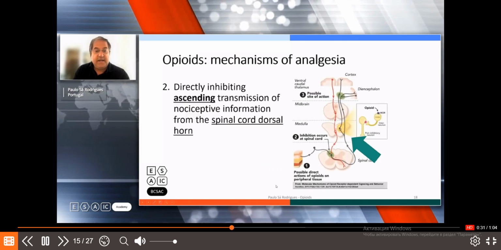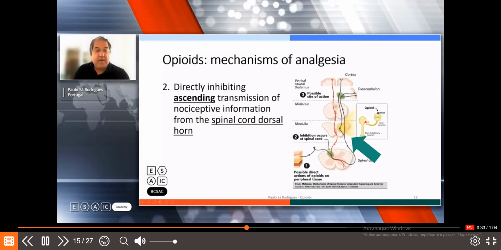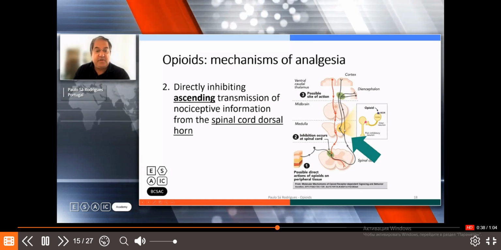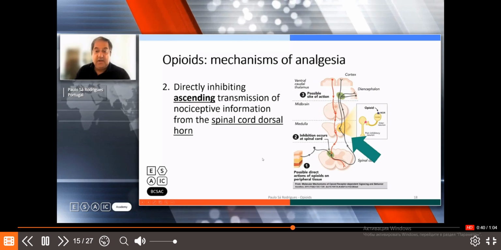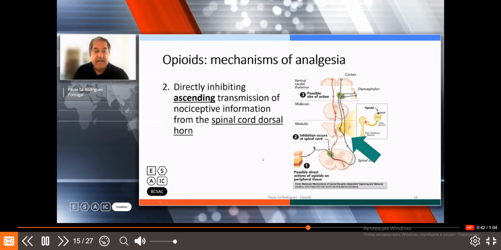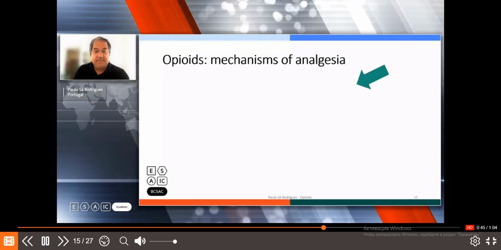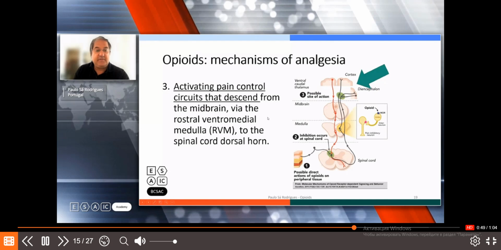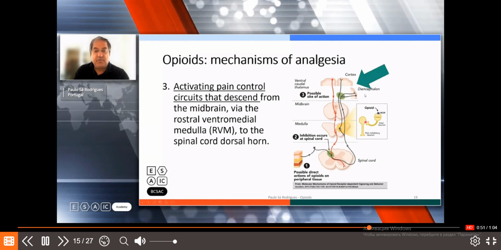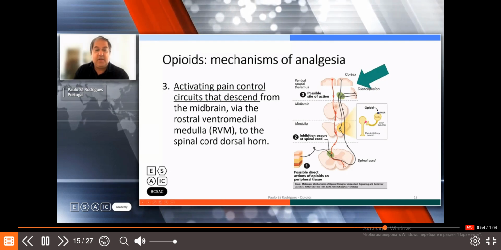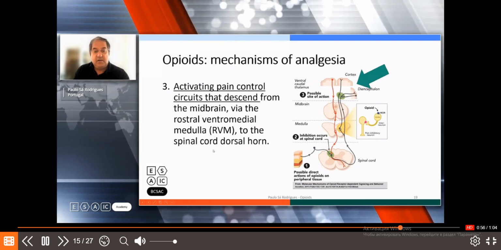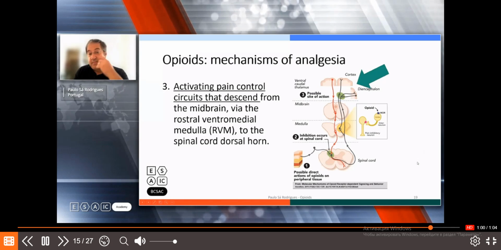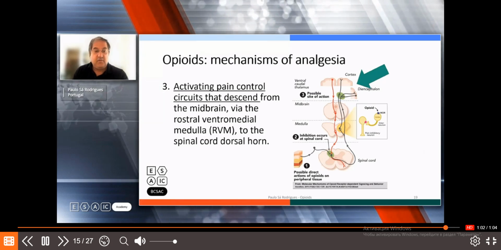They may also directly inhibit ascending transmission of nociceptive information from the spinal cord dorsal horn, and also activate pain control circuits that descend from the midbrain via the rostroventral medial medulla to the spinal cord dorsal horn.